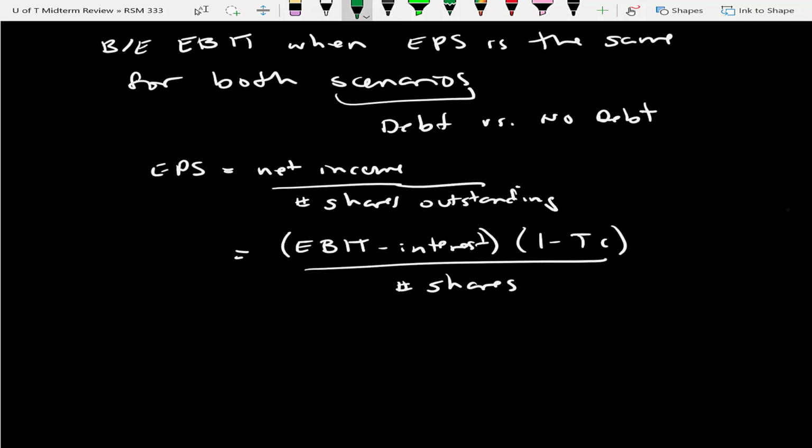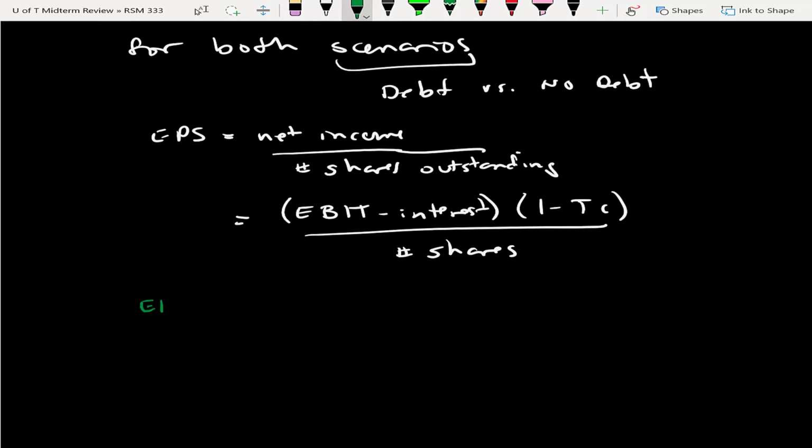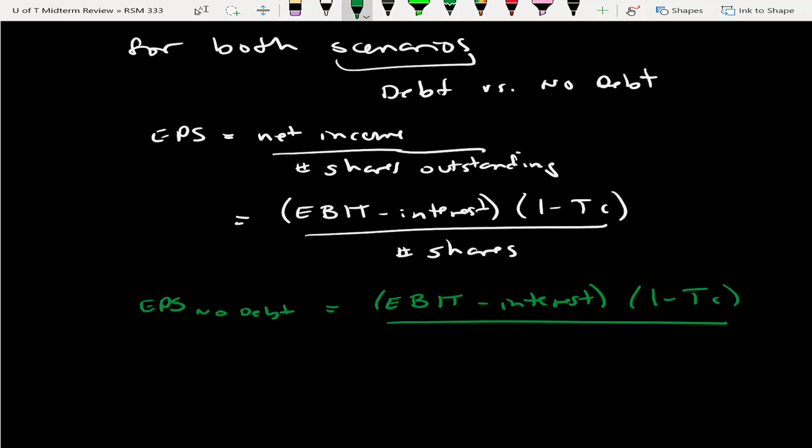So let's do the earnings per share with no debt. That's the one we were given first. So it will be EBIT minus interest, times 1 minus the tax rate, divided by number of shares.